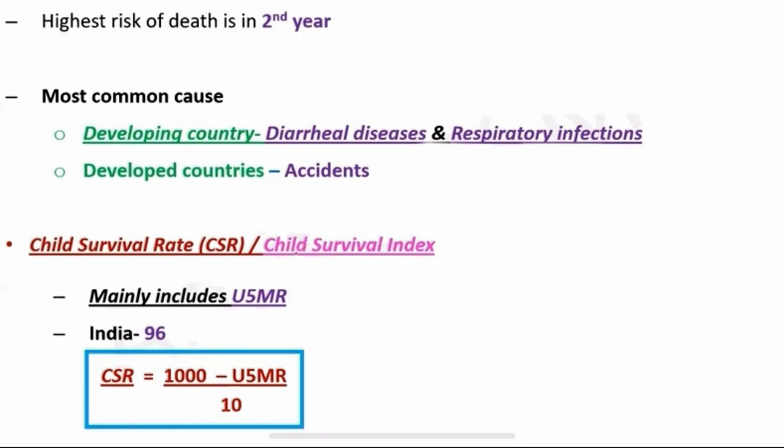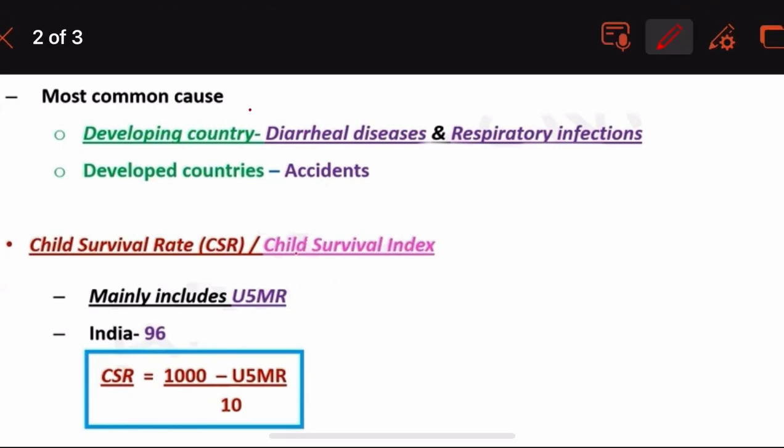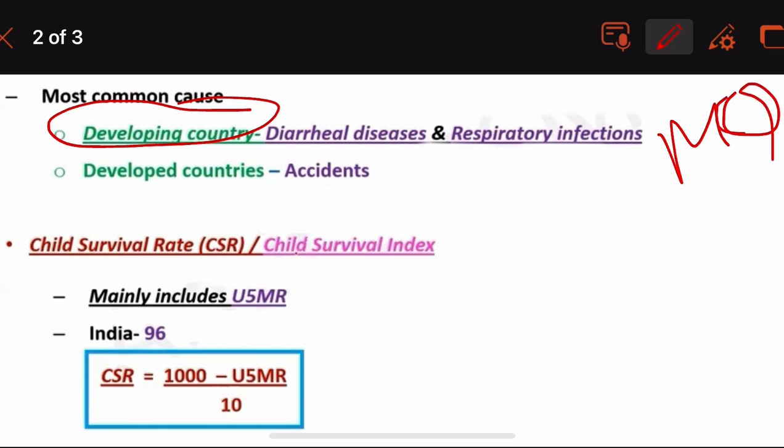Whereas in the already developed countries, the commonest cause is accidents, followed by congenital anomalies, influenza, pneumonia. All of these are found in developed countries. So guys, if they ask in the MCQ the commonest cause in developing countries, you should mark diarrheal disease, respiratory disease. In developed countries, accidents.